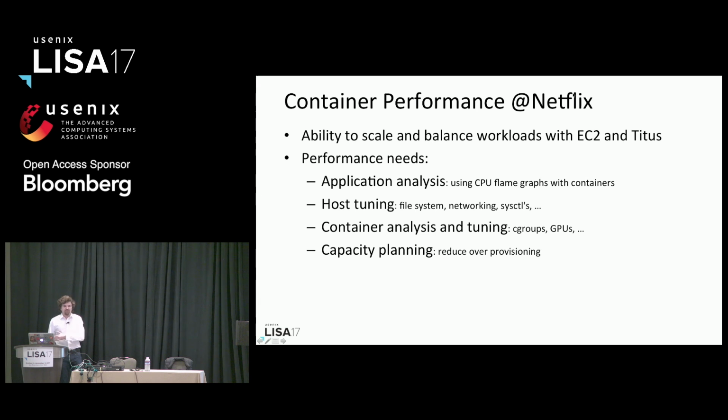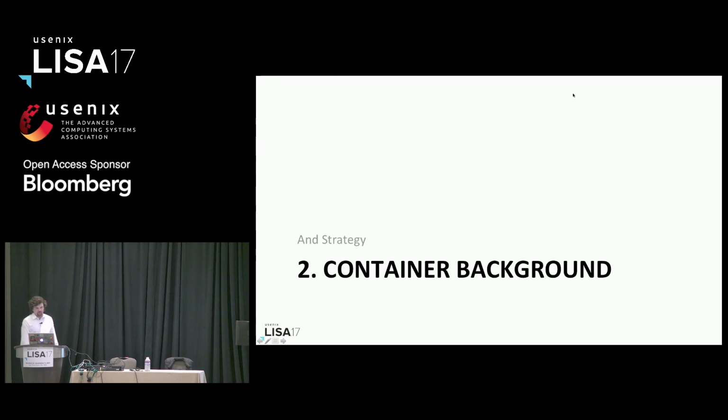Is overlay AFS the right thing to use? And the same for networking. Do we use bridged networking with Docker and the other options available? Evaluating them. What are the sysctls we're going to use? Container analysis and tuning, and capacity planning, monitoring our Titus cluster and making sure that we have enough capacity. So those are the main things that we're looking out for at Netflix.